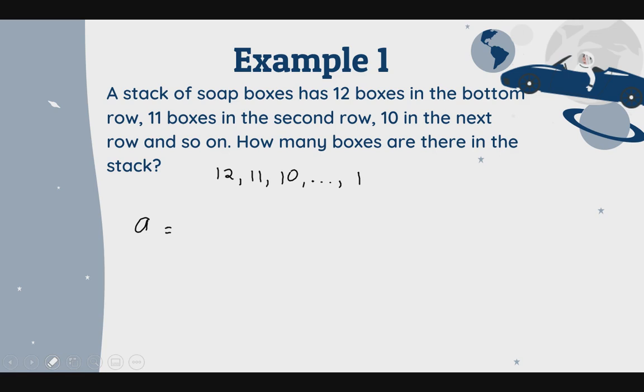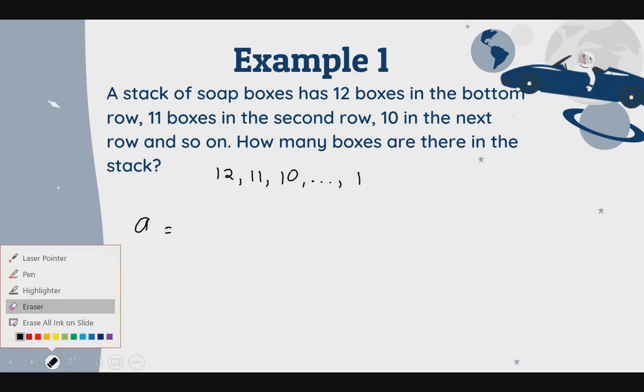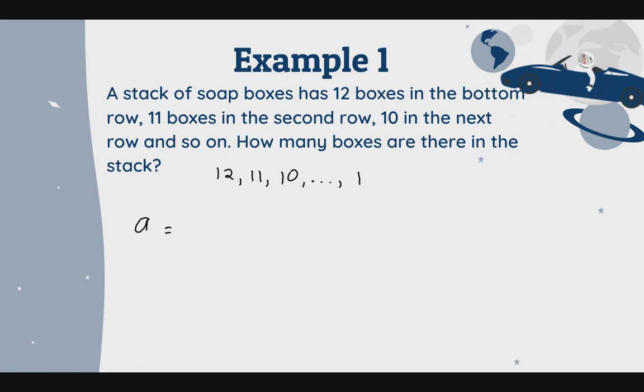Therefore, our a sub n is equal to a sub 12, or our 12th term, which is 1. So therefore, n is equal to what? 12. Very good. And our first term, a sub 1, is equal to, very good, 12.